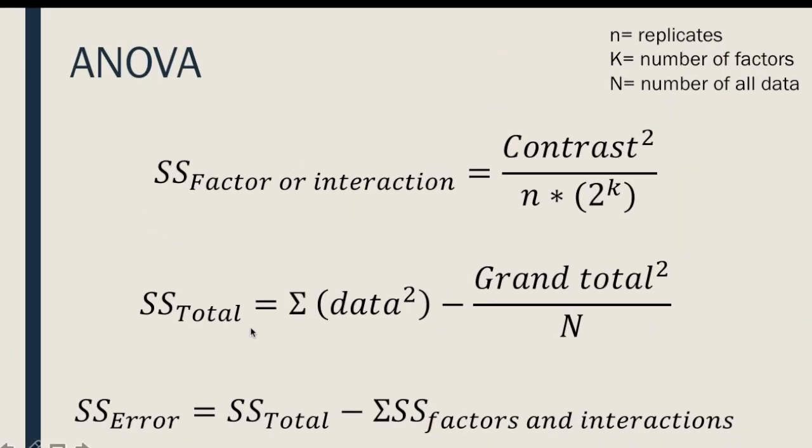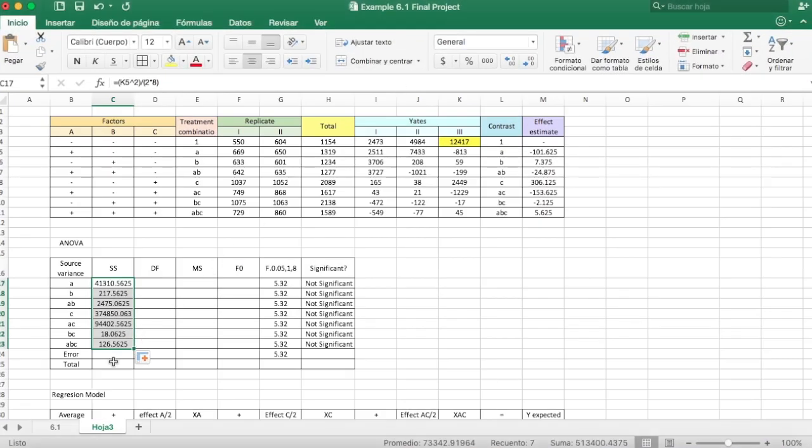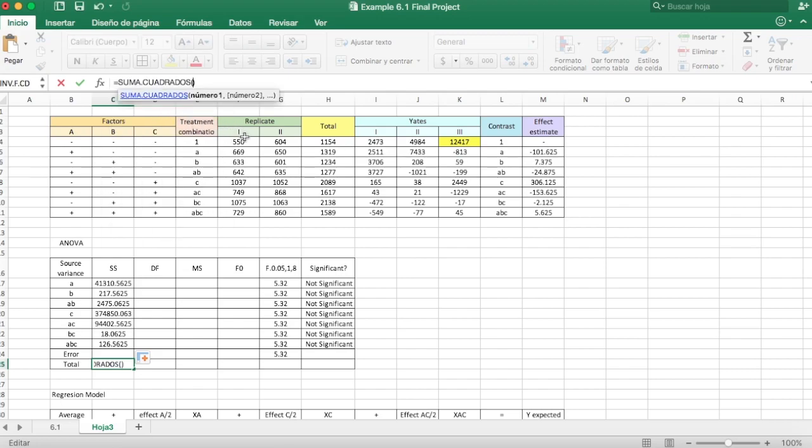Then we need to calculate the sum of squares of the total. Here you need the sum of squares of all the data minus the grand total squared over n, n being the number of all the data, that in this case is 16. So we have here in Excel a formula called suma de cuadrados.